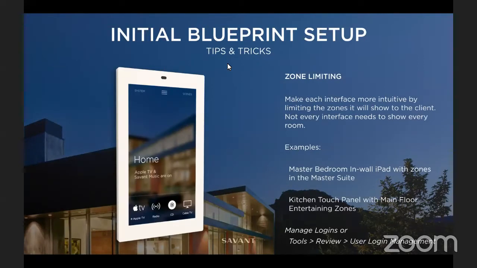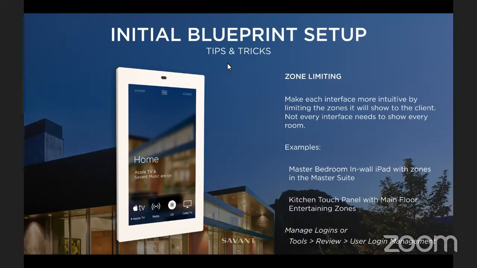Limiting access to zones. That's pretty important on touch panels. When you have a touch panel, say in a guest suite, you may not want the master bedroom or great room or garage, any of those areas available on that guest suite touch panel. You may just want the guest bedroom, guest bath, and the guest sitting area available.